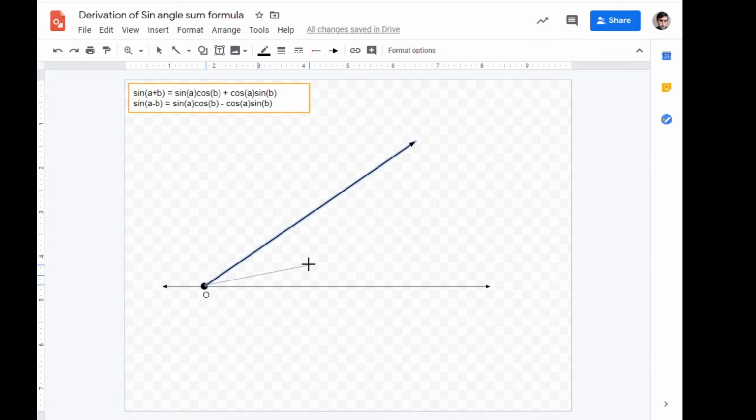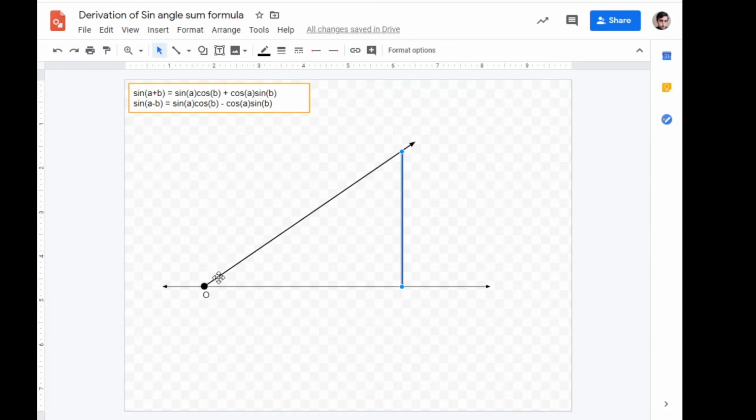And we're going to draw another line, let's say this line here. Let's get rid of that arrow. So this line represents the sine of this angle.